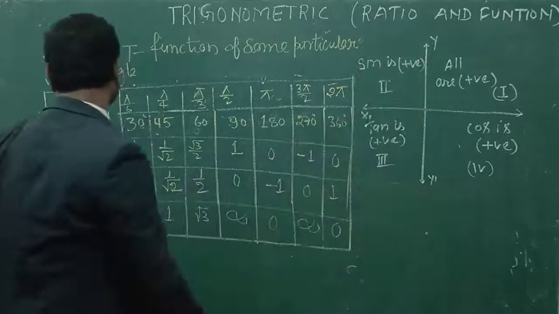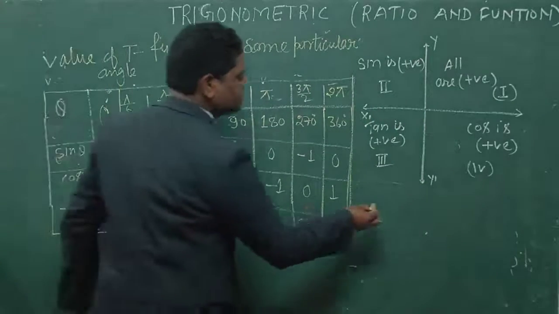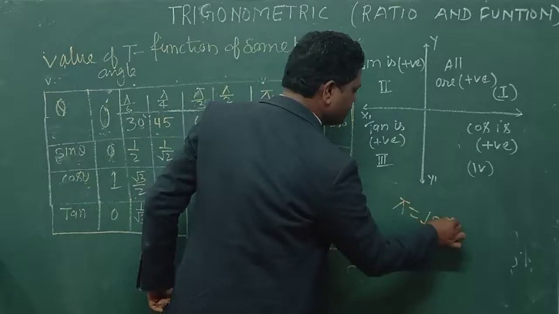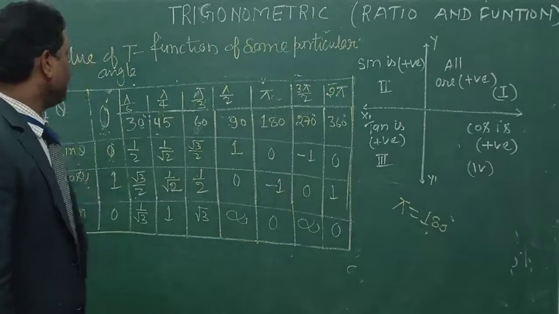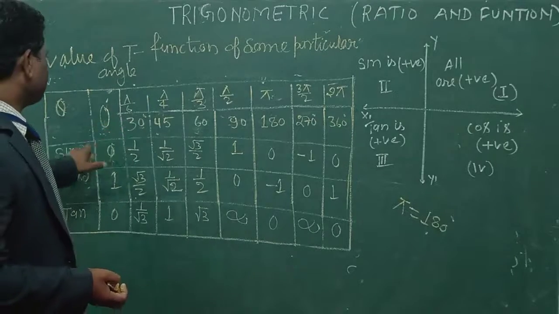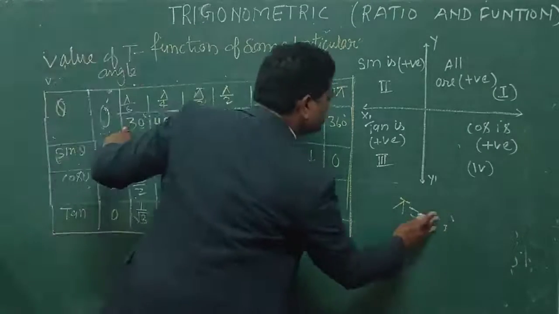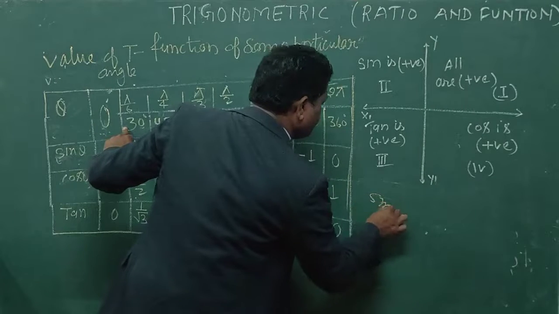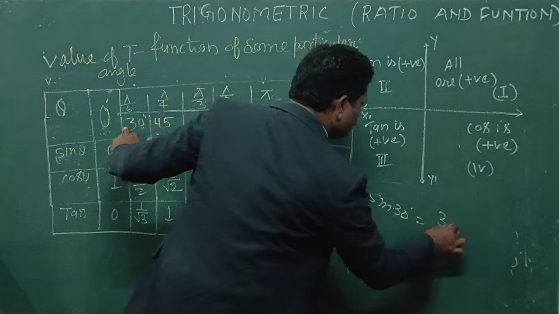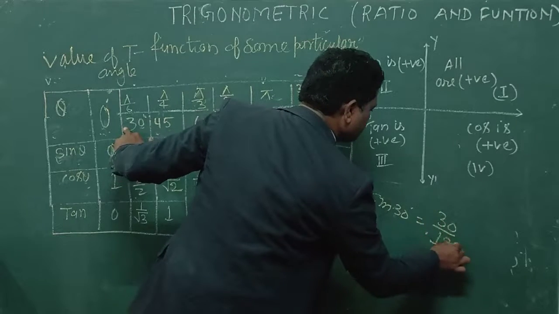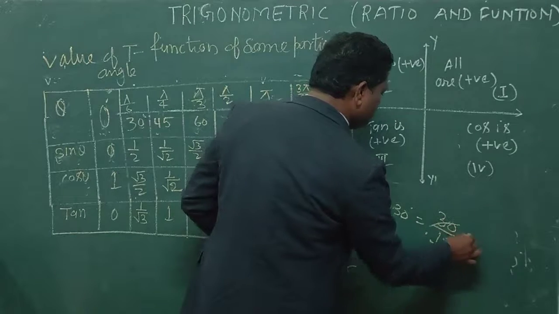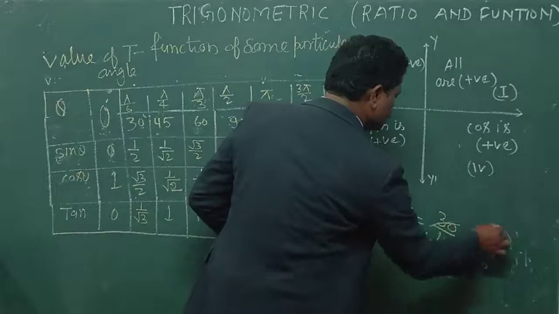And we know that pi equals 180 degree. So sin 30 degree means 30 by 180, which is 1 by 6, so it means pi by 6.